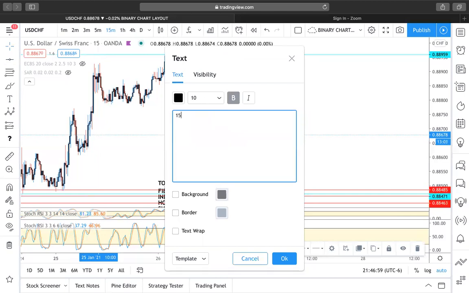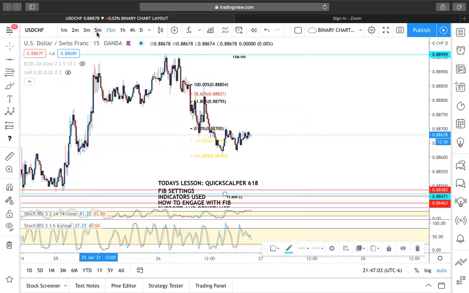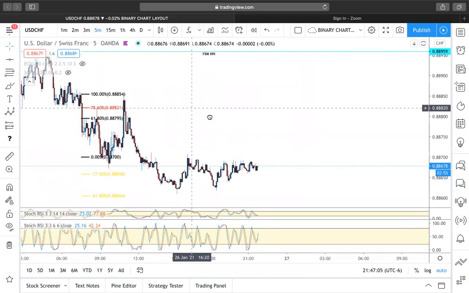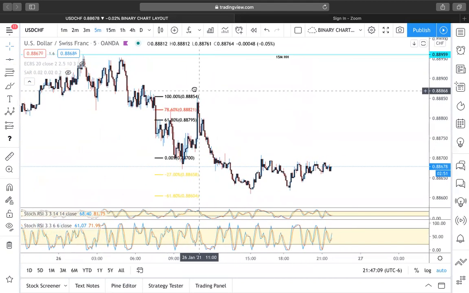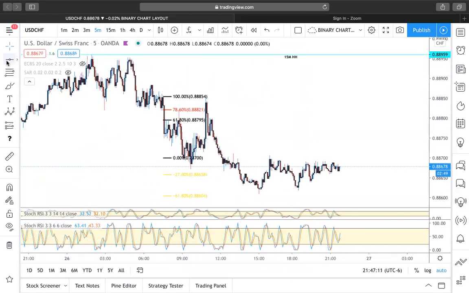And we have our 15-minute lower low. All right, and I'm gonna get to a point here. You're about to see here in a second what I am talking about here.